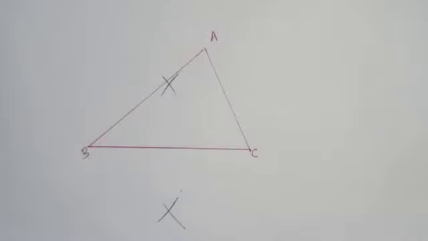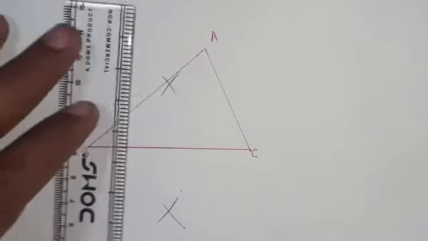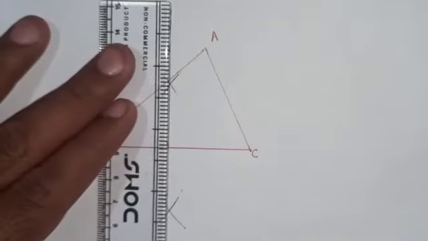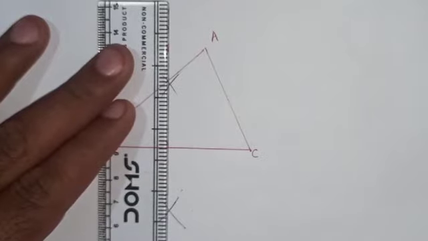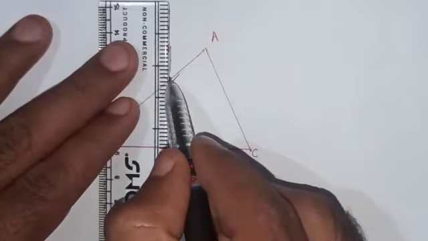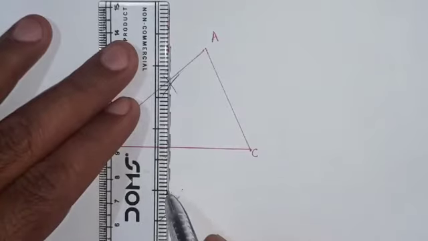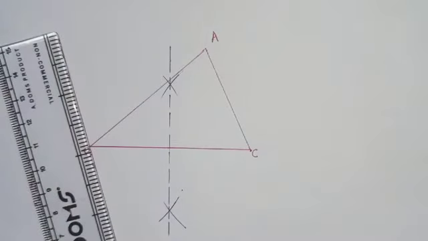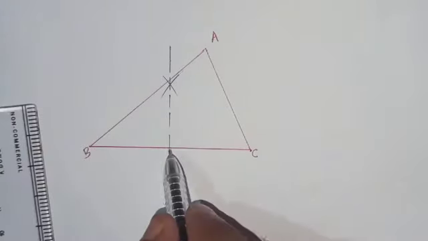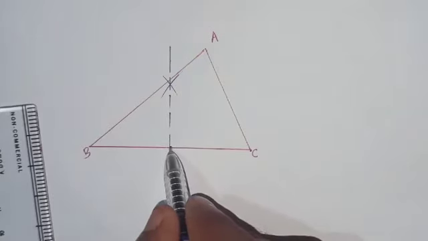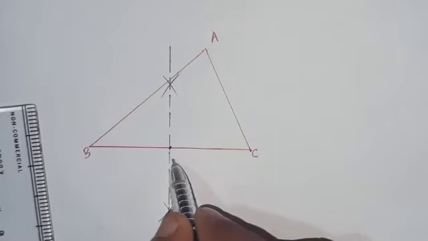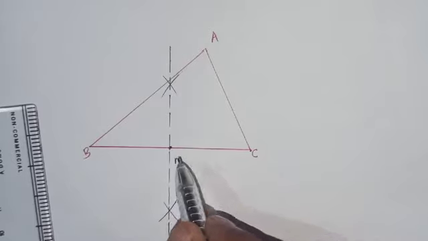Now join these two points with the help of a scale. So this is the midpoint of side CB. Let it be M.